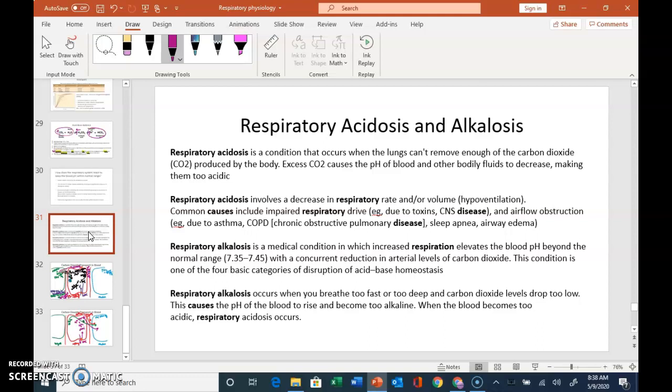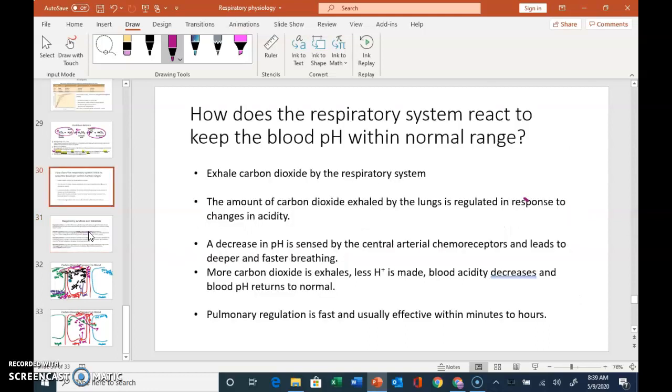Respiratory acidosis involves a decrease in respiration rate. So you are not breathing fast enough. You are retaining carbon dioxide. And also volume. So you are breathing less volume and at a lower rate. So it affects both rate and volume. Please make sure. So you are hypoventilating.